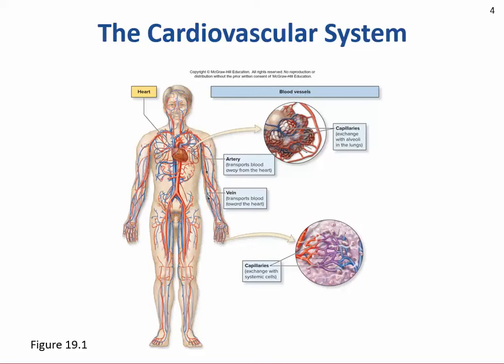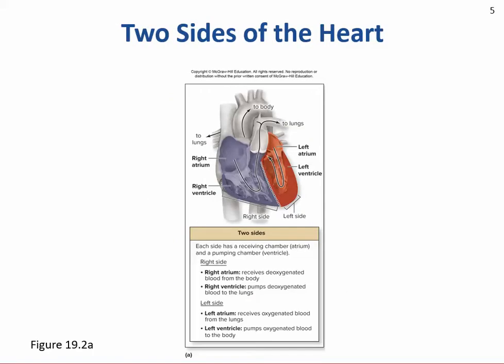So if we look at it, this is an overall picture. We'll go into it deeper in the next section. When we look at the heart, there's really 4 chambers. 2 of them are called atria, and they're the receiving chambers, and 2 of them are called ventricles, and they're the pumping chambers.